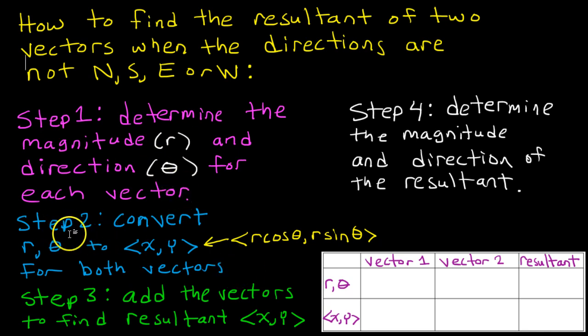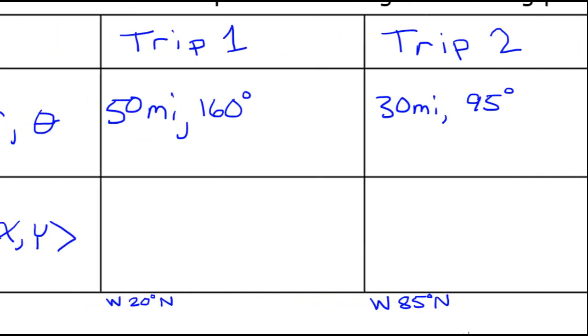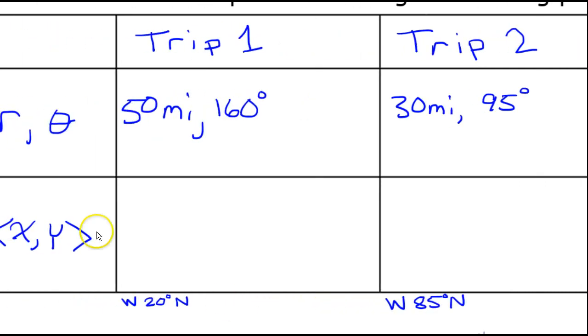Now step 2 is to convert the magnitude and direction to component form using this little formula: r cosine theta comma r sine theta. So for trip 1, if I want to convert this to component form, r cosine theta will be 50 cosine 160, and r sine theta will be 50 sine 160.